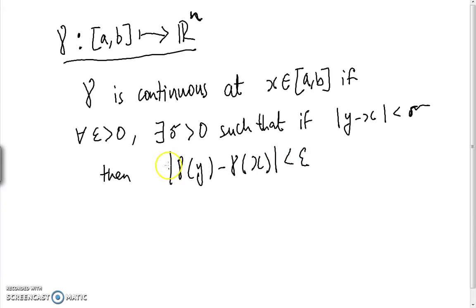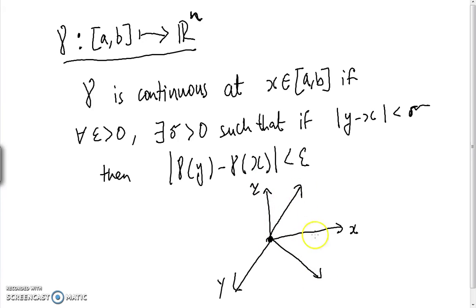Although I've used the same symbol for distance, don't be confused, because in R3, for instance, we're really taking a distance between vectors, not points. Although, they're really the same thing. For example, the distance between these two vectors is literally the length of this line, whereas with one-dimensional functions, the distance between this point and this point is just the length of this line.